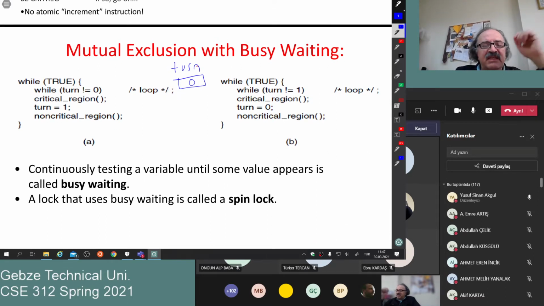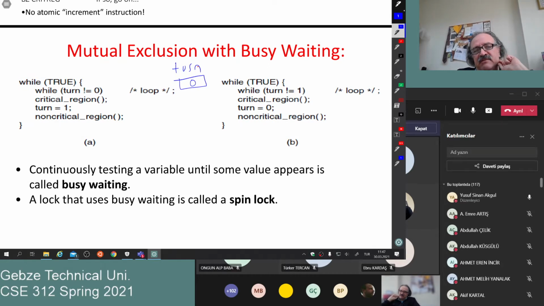If turn is not 0, I will be in a loop, busy waiting. I am busy waiting, and this lock will prevent me from entering the critical region if turn is not 0. But in this case, turn is 0, so I left this and I am in the critical region now.